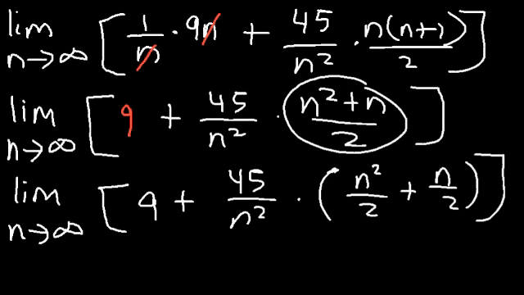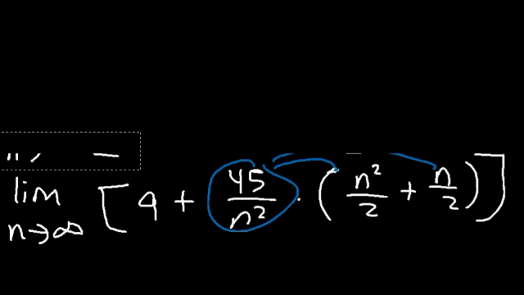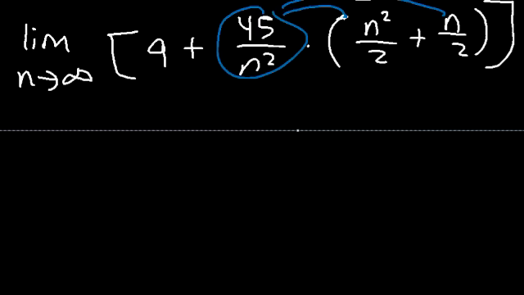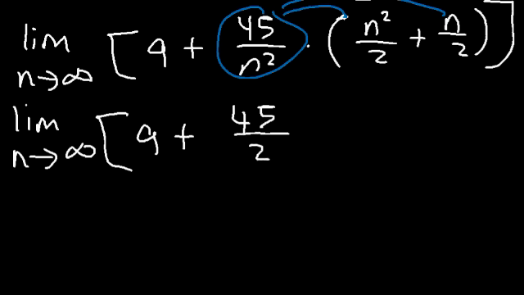Now let's take this term and distribute it to both terms on the inside. 45 over n squared times n squared over 2, the n squareds will cancel. And it's simply going to be a constant, 45 divided by 2.